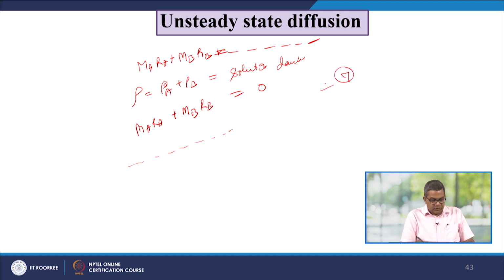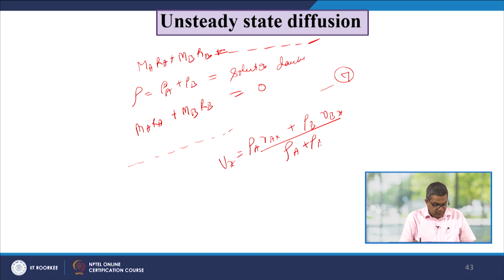Since the mass rate of generation of A and B must be equal to 0, Vx is equal to rho A VAx plus rho B VBx over rho A plus rho B, or rho Vx is equal to rho A VAx plus rho B VBx.